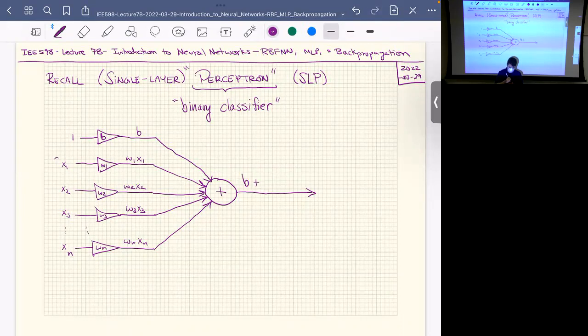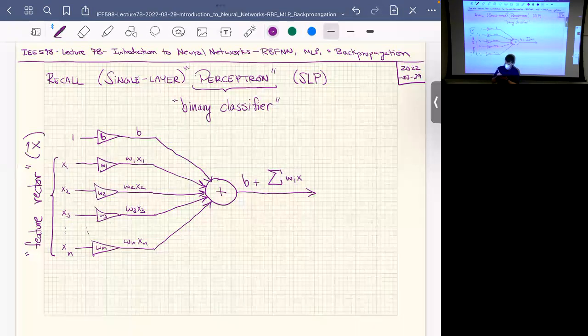I'll say these here are the so-called feature vector, which I'll maybe write as x vector. And the output here is just the bias term plus the sum of the weighted inputs from 1 to n.